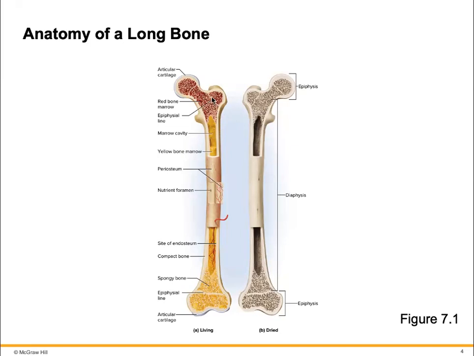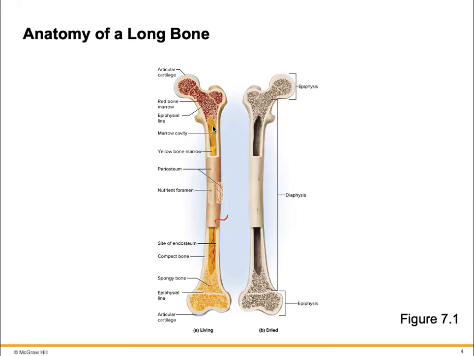What is typically housed in an epiphyseal region of a bone is your spongy bone, which contains red bone marrow, which again is responsible for production of our red blood cells. The other bone marrow is present in our diaphysis, in the medullary cavity or the marrow cavity, and this is where the yellow bone marrow is.